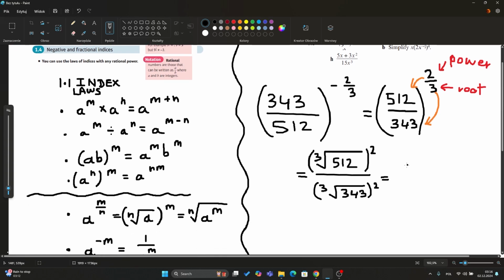Now we're going to cube root the 512, which is 8, and cube root the 343, I believe it's 7, yes it is 7, and then we just do the rest like this.